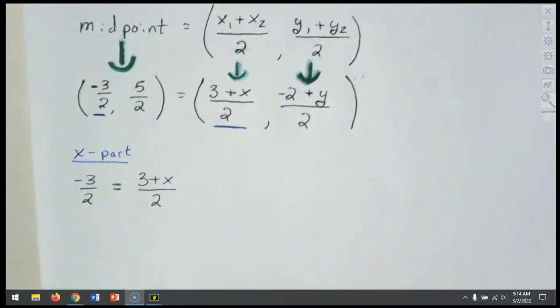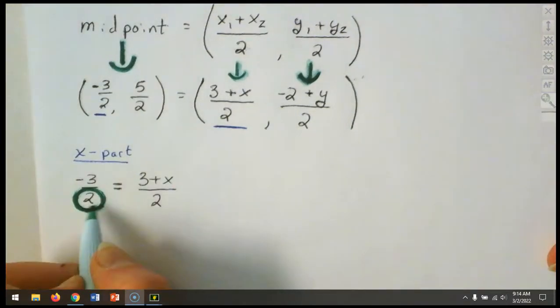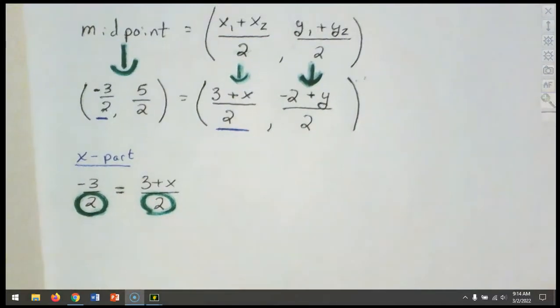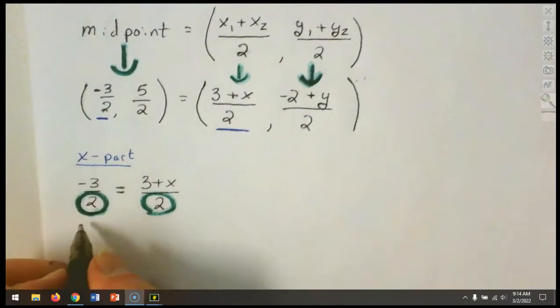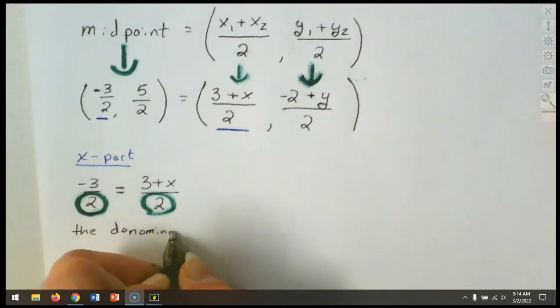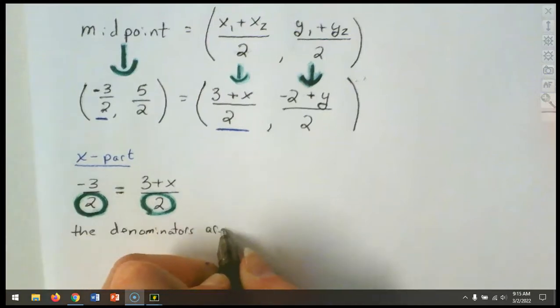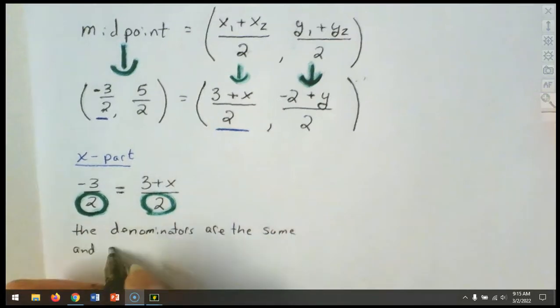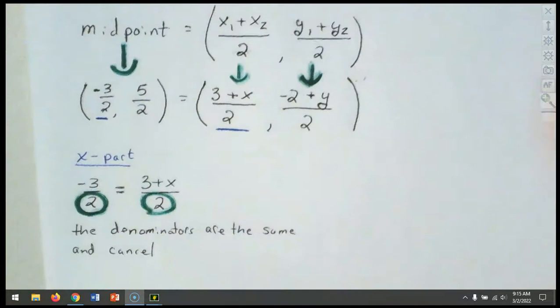Now, don't try to make this more difficult than it actually is. What do you notice here? What do you notice about these denominators? They're the same, okay? So since they're the same, I don't even have to worry about them because they're the same on each side, right? We could cross multiply, but since these are the same, they cancel. So the denominators are the same and cancel.